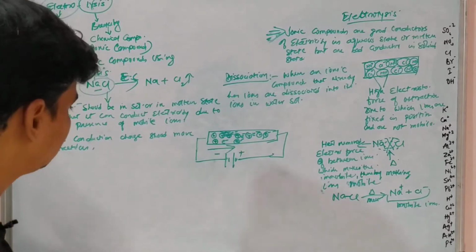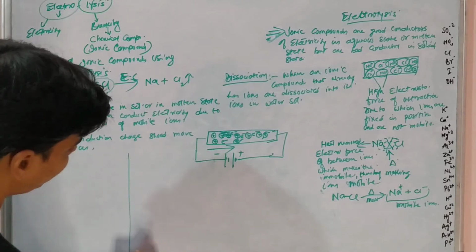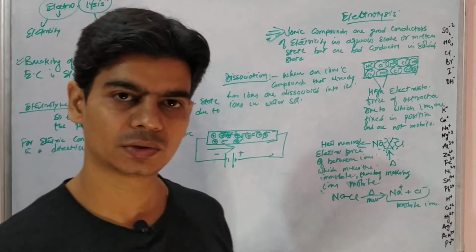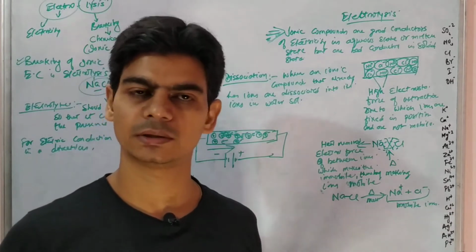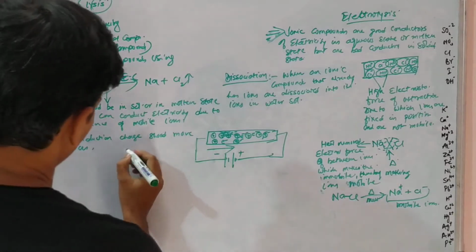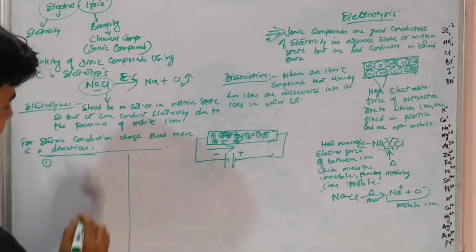So let's just quickly compare. We know how metals conduct electricity and how electrolytes or chemical compounds conduct electricity. Let's compare.